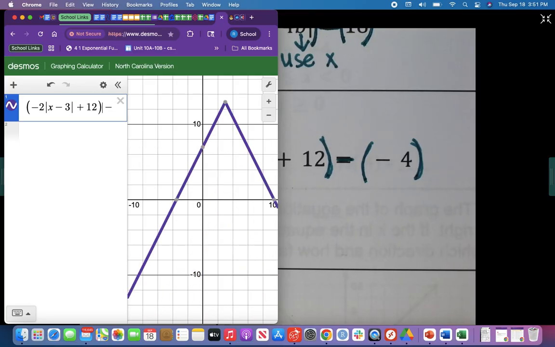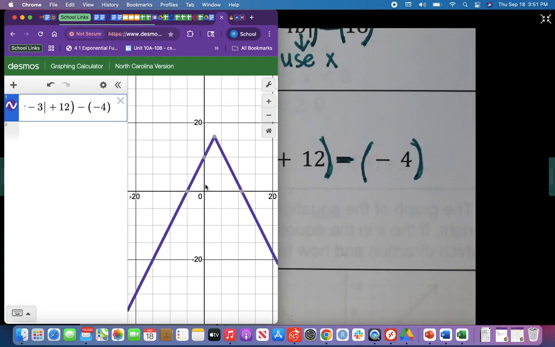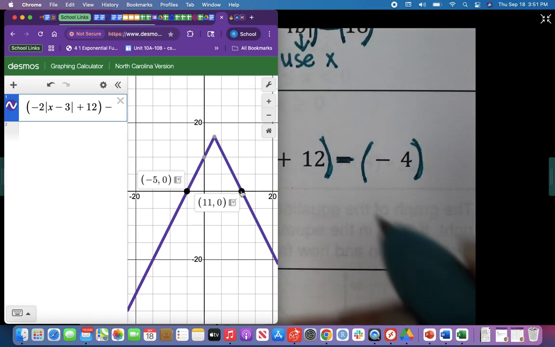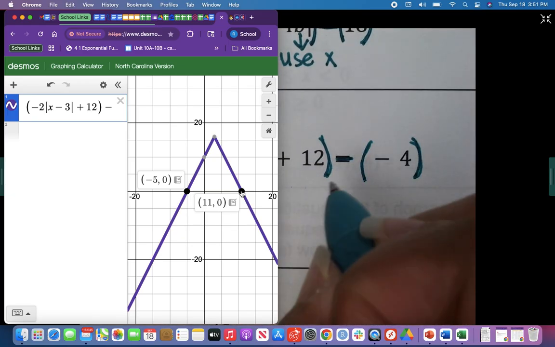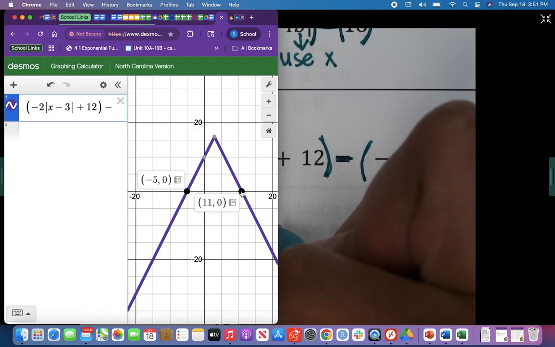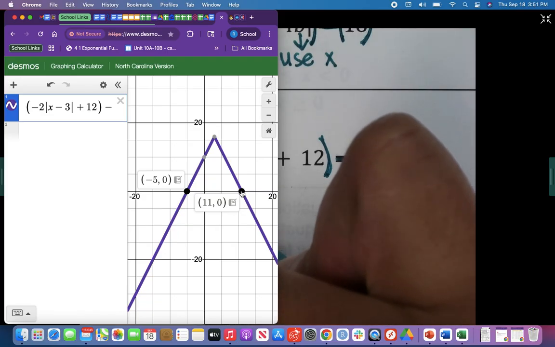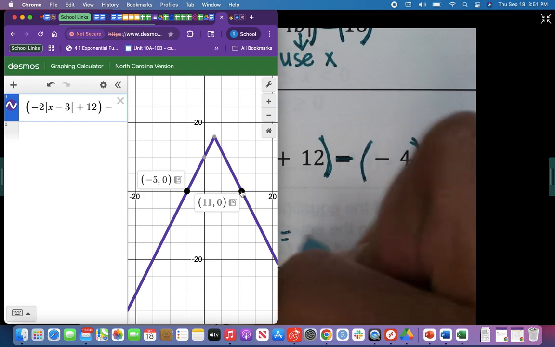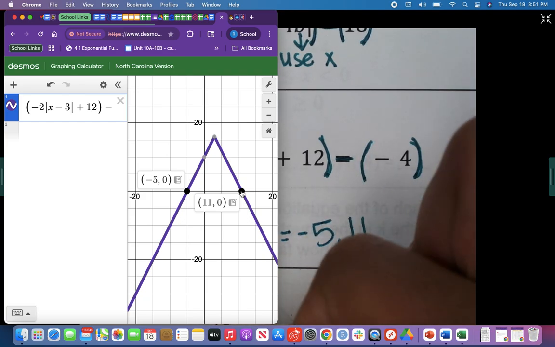And then on the right side, I've got -4. All right, so this one touches at 2 spots. I've got 2 solutions, and they are -5 and 11.